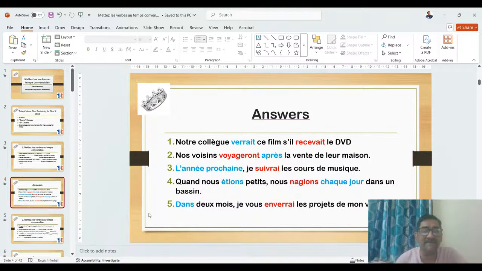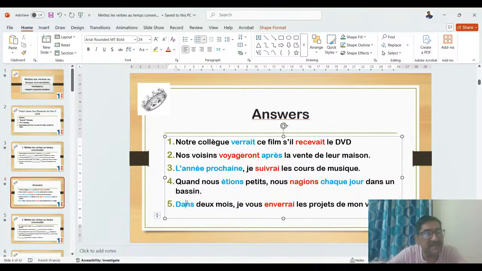I am using imperfect plus imperfect because it's simultaneous action. When we were young, when we were in Paris, all those are the clues for simultaneous action. And then within 2 months, I will send you the project and plans of our journey. Within 2 months clearly states that it's future tense. So these are the 5 examples.